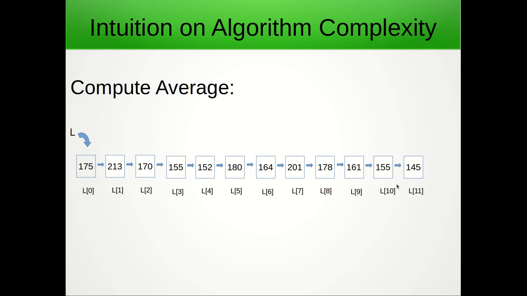There is no way I can compute the average height of everyone without at least visiting every piece of data at least once. So because that's exactly what it does and I absolutely need to do that, this algorithm is intuitively an optimal algorithm. And as you can see, I'm making a formal argument here.